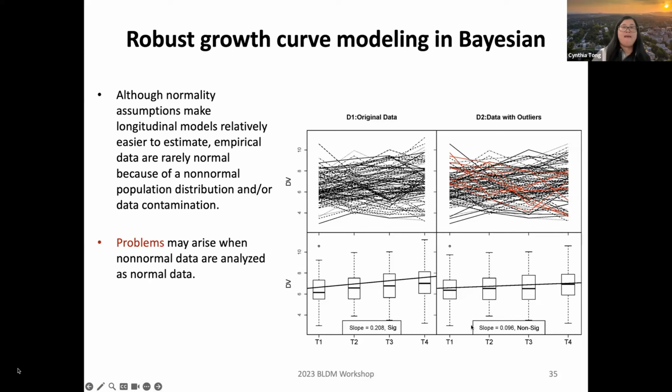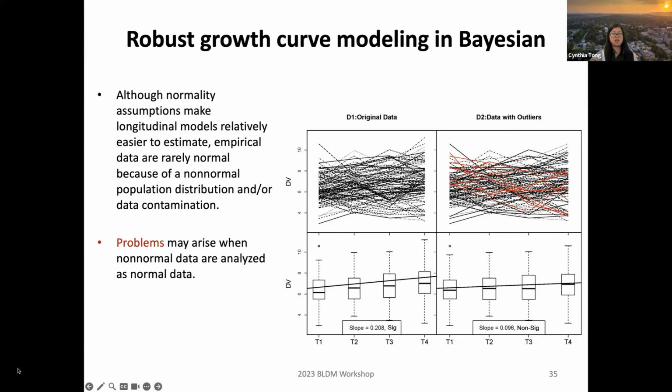And also the box plot is quite comparable to the original data. You probably wouldn't tell if there's any difference. Here's an outlier, and this also seems like an outlier, but other than that, they're pretty similar. But if you fit a traditional growth curve model to the data, then you will see that the estimated average slope is 0.096 and it's non-significant.